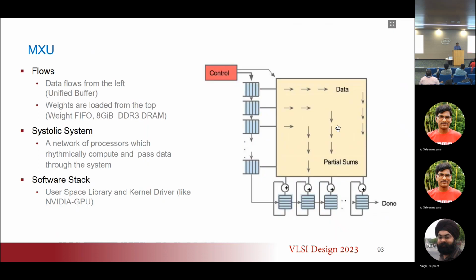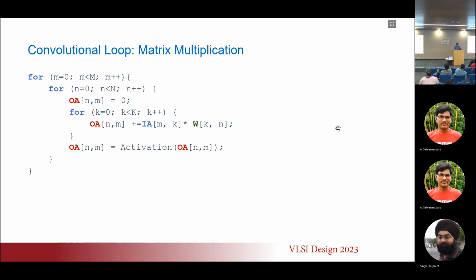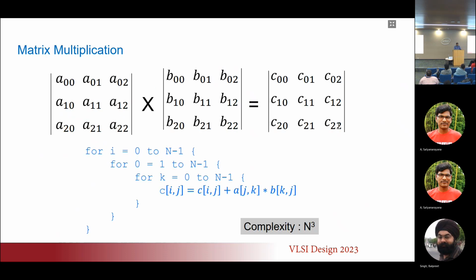No, the TPU is not a SIMD model. They have the matrix multiplication unit, and it actually follows a systolic array paradigm. So I'll explain what a systolic array looks like. This is the basic matrix multiplication loop, and if you have a 3x3 matrix, for example, you will write for i equal to, you will take a row of the first one.